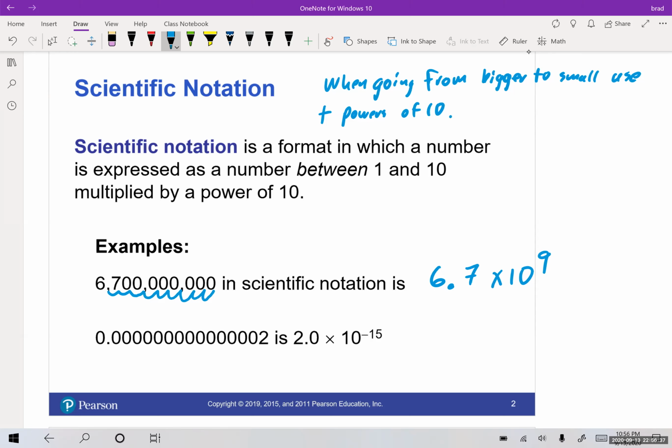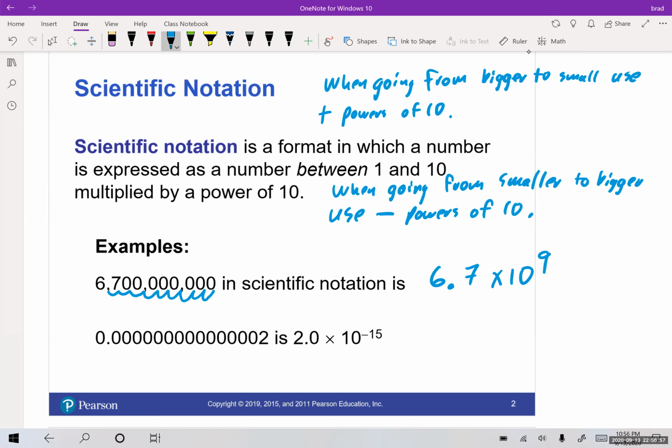When going from small to bigger, like in the next example, use negative powers of 10. So here we went from a really big number and rewrote it as a small 6.7. That means that we needed a large power of 10, so times 10 to the 9th.